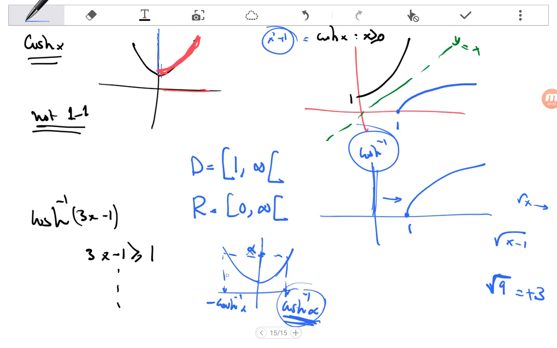I will have two values that give me the same cosine, but one of them is called cosine inverse x, which is the positive one, and the negative one is called the negative of cosine inverse. Okay? So these are the three inverse hyperbolic functions.